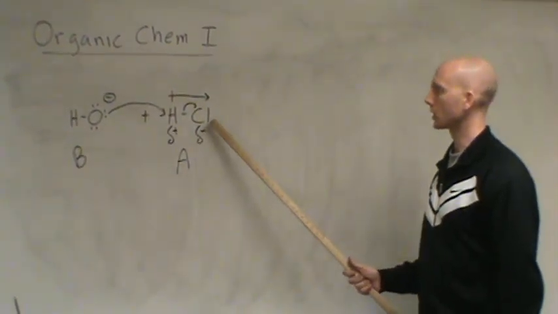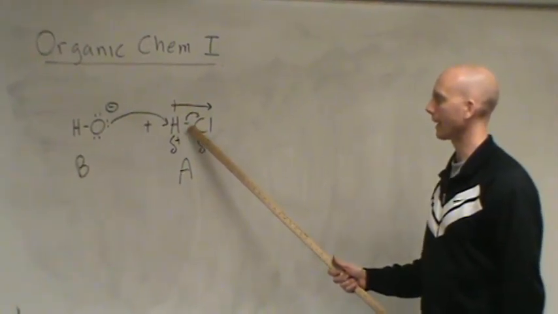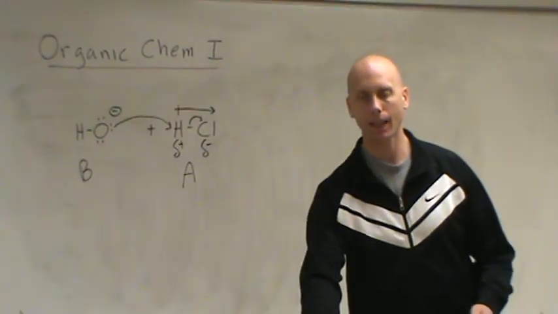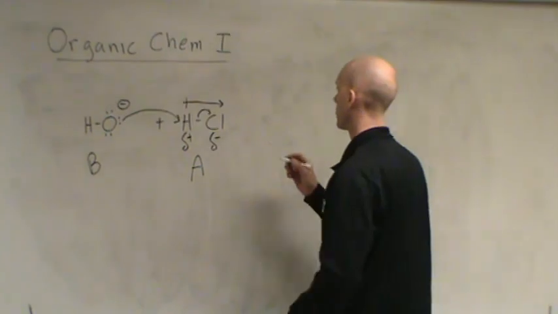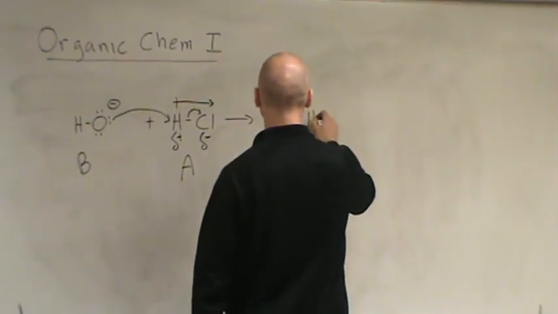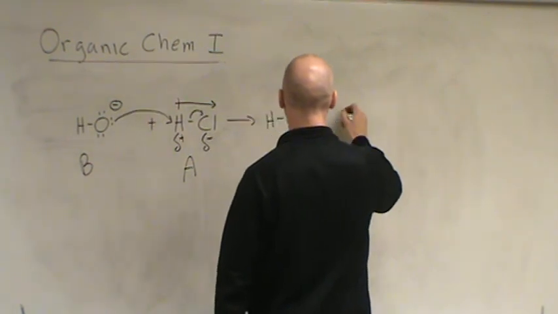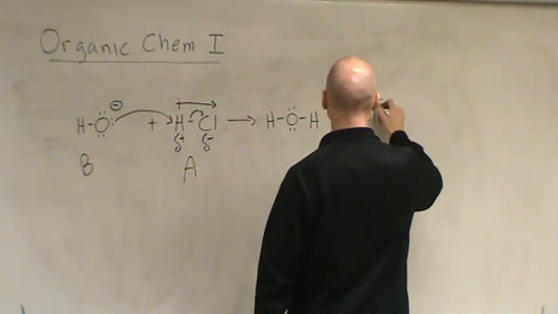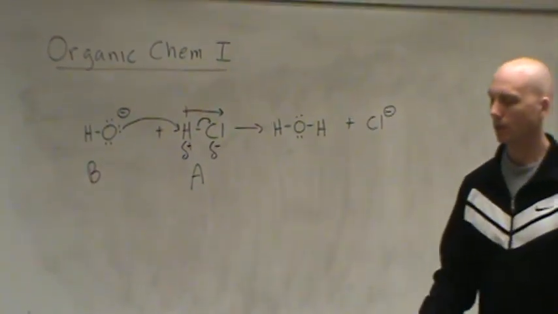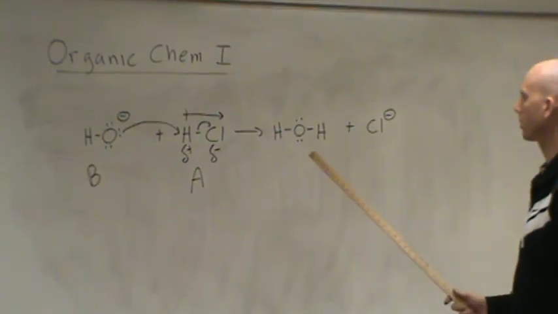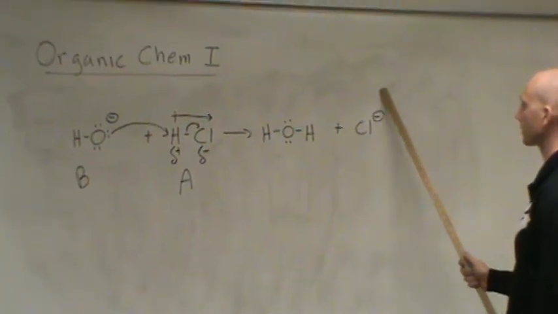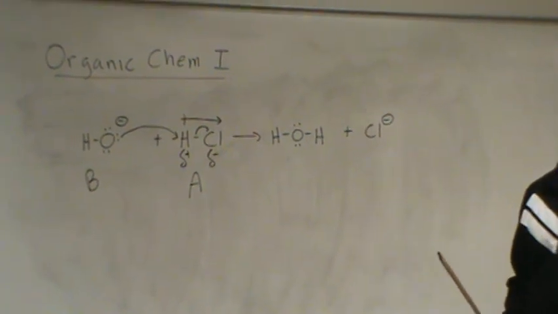Okay? So the chlorine's dying to go away, and now since something else has initiated the attack, it can go away. And so what we end up with is this here, where now a molecule of water forms and chlorine has left as Cl minus.